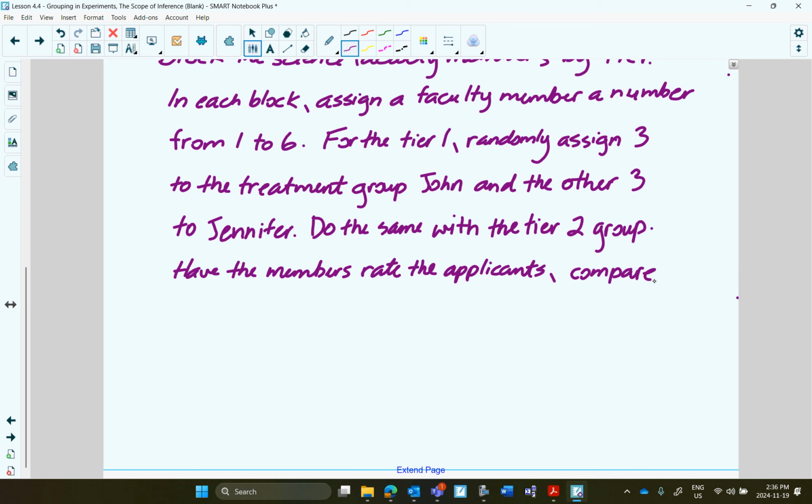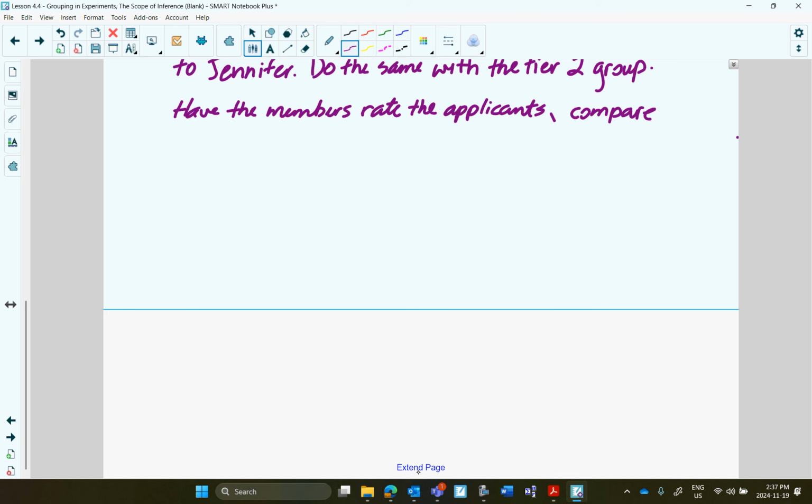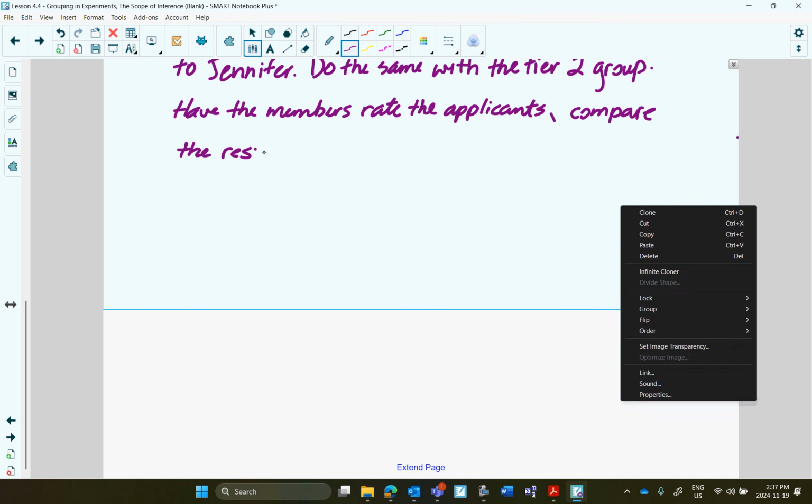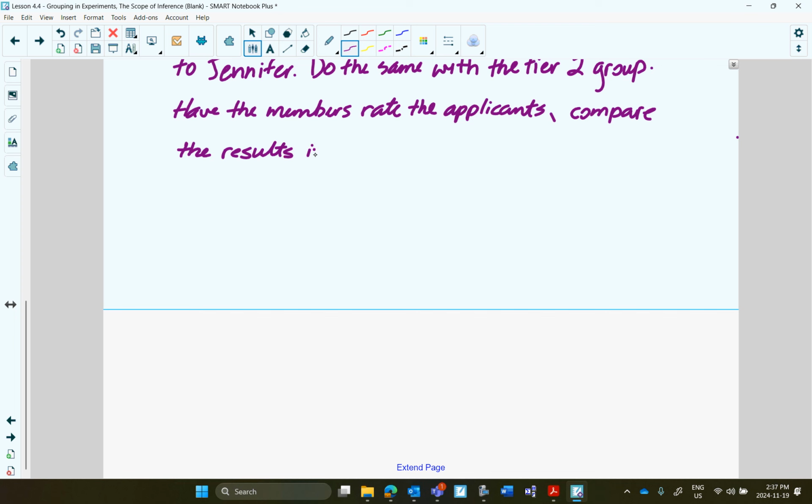Compare the results in the 2 groups, the Jennifer and John groups, where Jennifer is made up of 3 tier 1 and 3 tier 2, and John is made up of 3 tier 1 and 3 tier 2. So compare those 2 groups and get the overall.